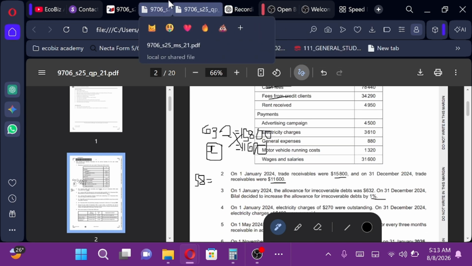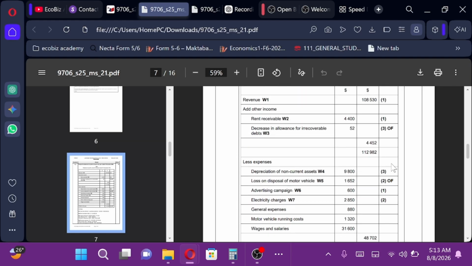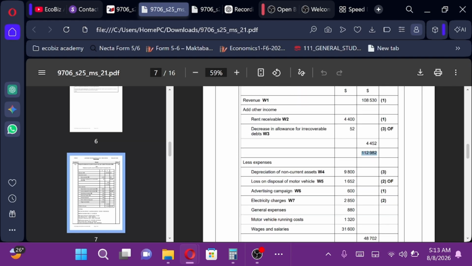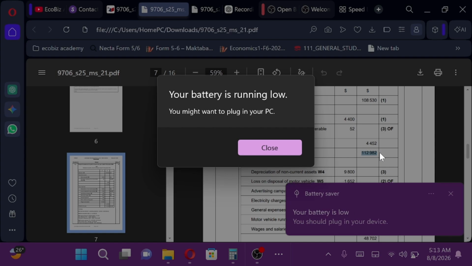So we got the revenue, which is 108,530. We add it to the incomes, which is this one, to get the total revenue, which is 112,982.